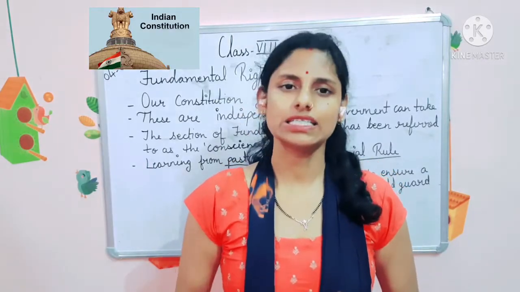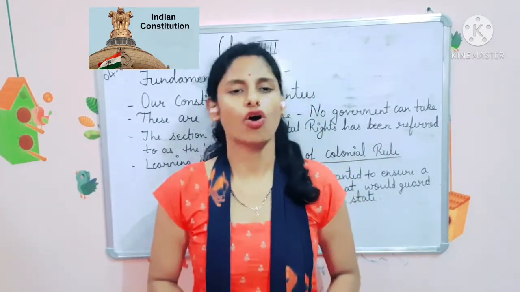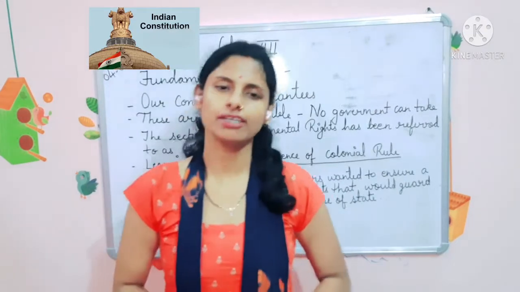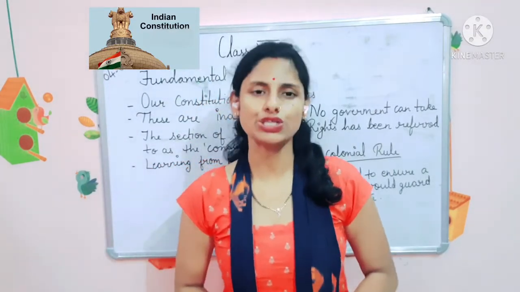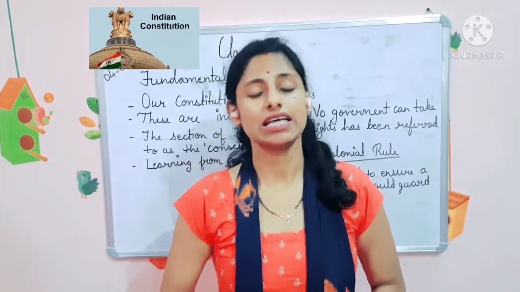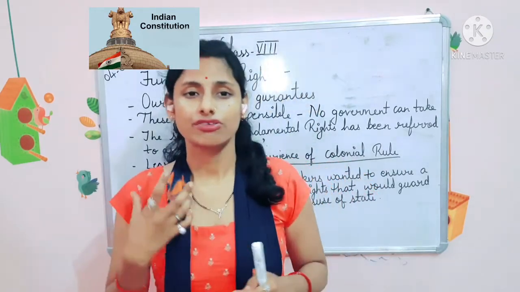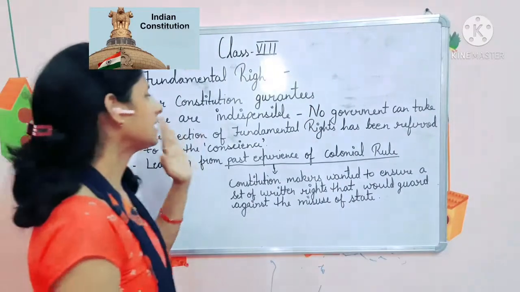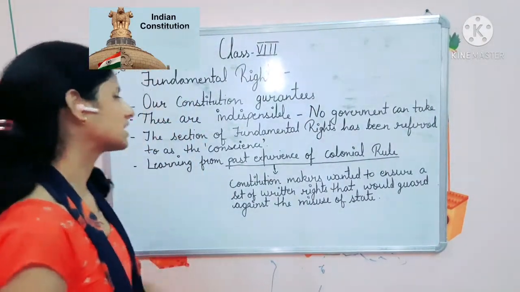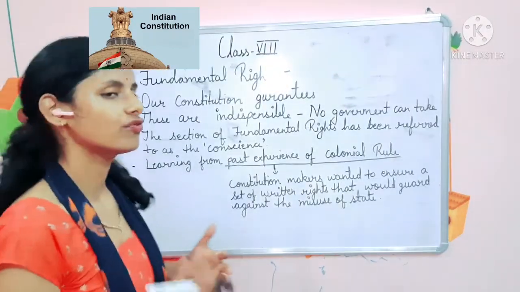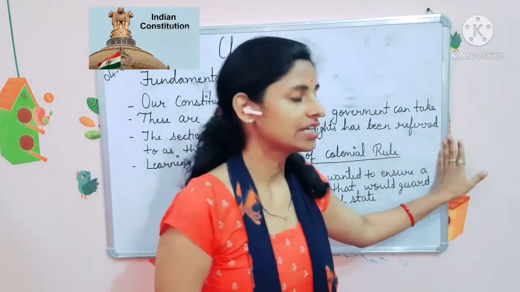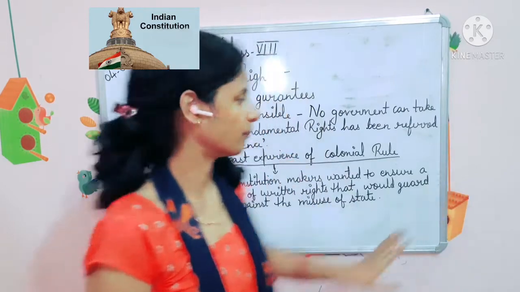Now we will discuss the fourth key feature of the Indian Constitution, that is the fundamental rights. The Constitution guarantees some basic fundamental rights to its citizens. These are indispensable. It means these are essential for human beings and no government can take these rights from them.